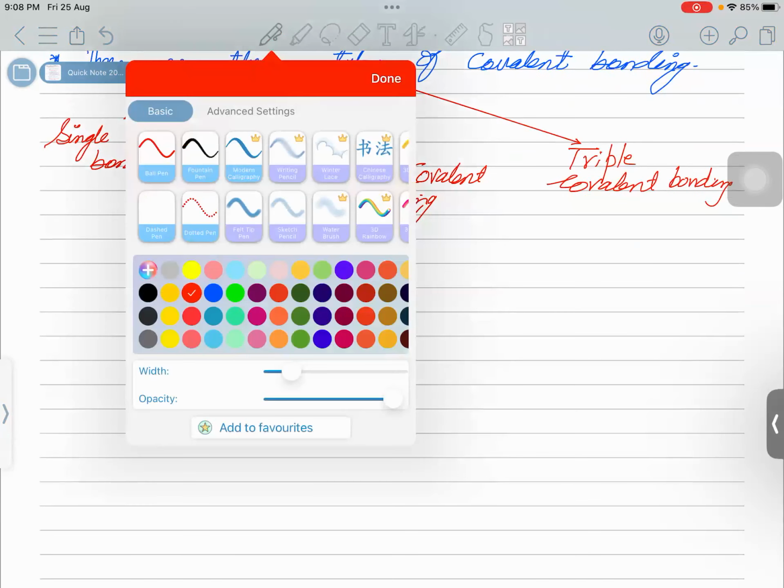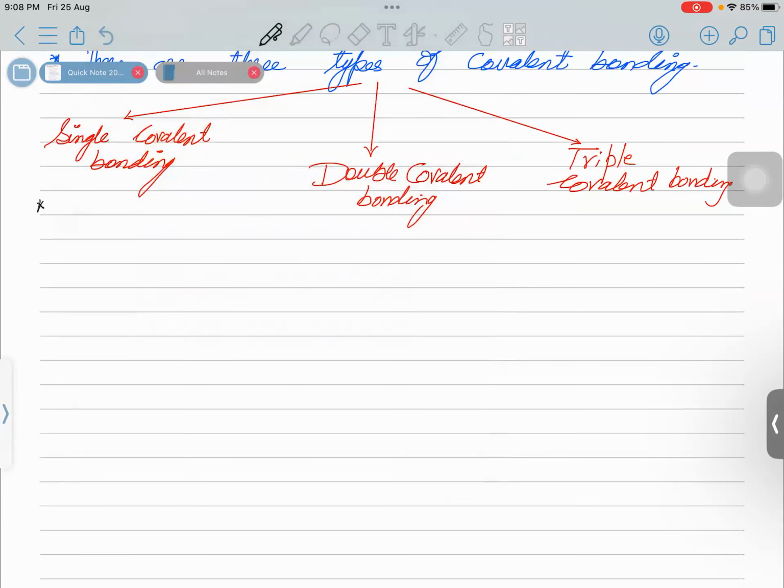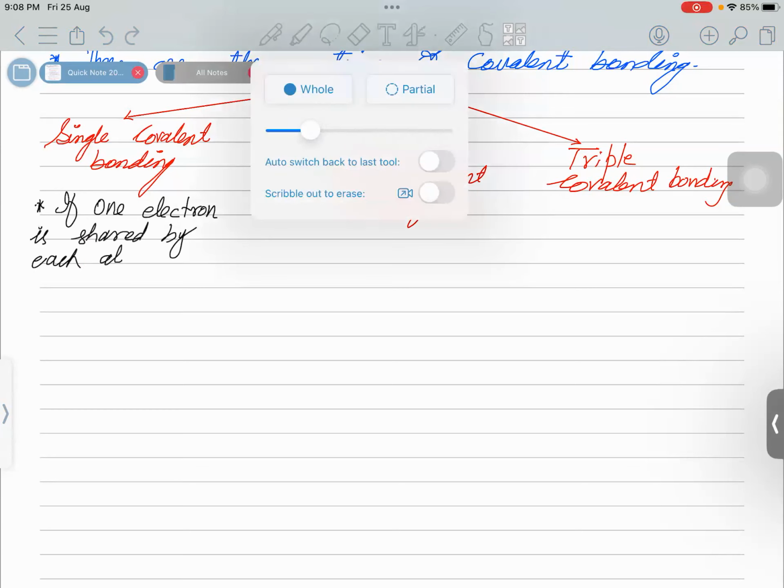What is single covalent bonding? If one electron is shared by each bonded atom.